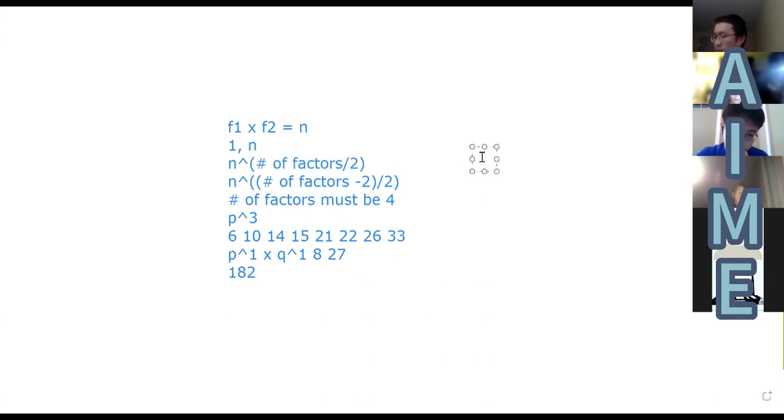In the case of 36 we have 9 factors, so we have 6 to the power of 9. So that's a way of looking at n to the power of the number of factors divided by 2.